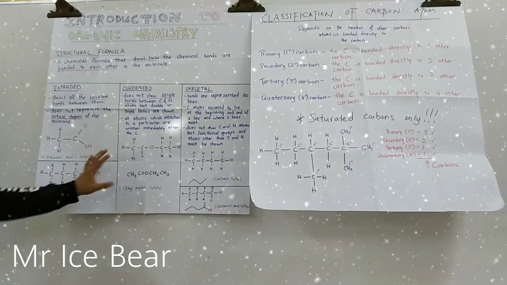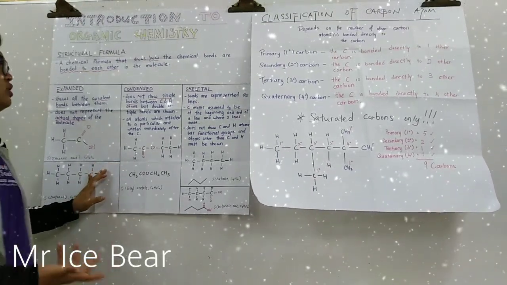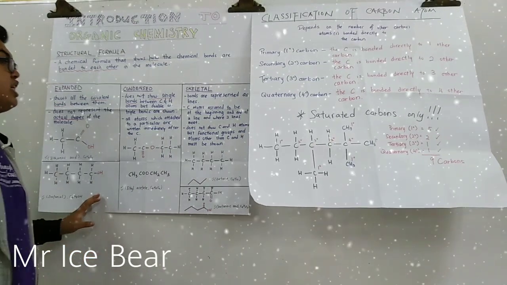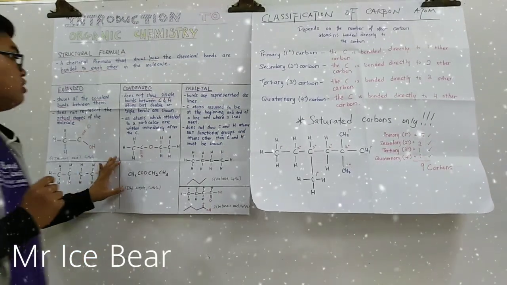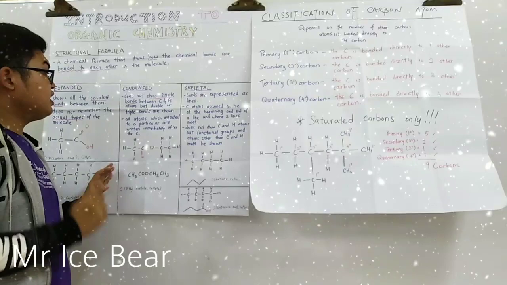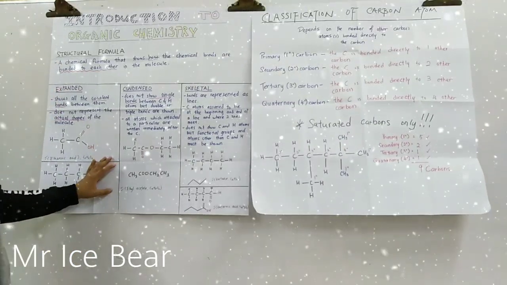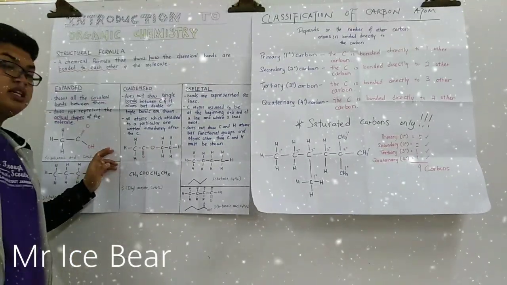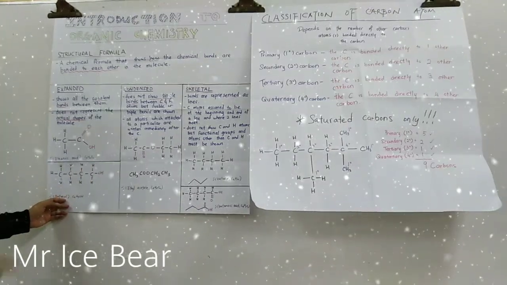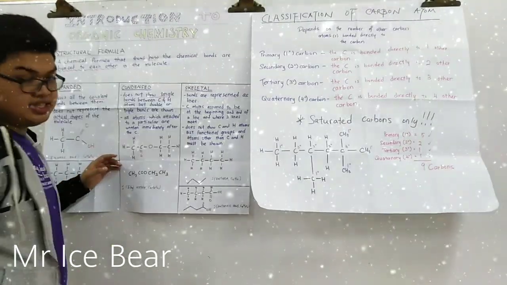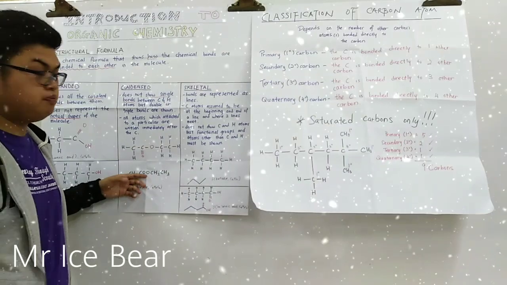Next, the condensed structure does not show single bonds between carbon and hydrogen atoms, but double or triple bonds are shown. All atoms which attach to a particular carbon are written immediately after the carbon. An example here, ethyl acetate, C4H8O2.